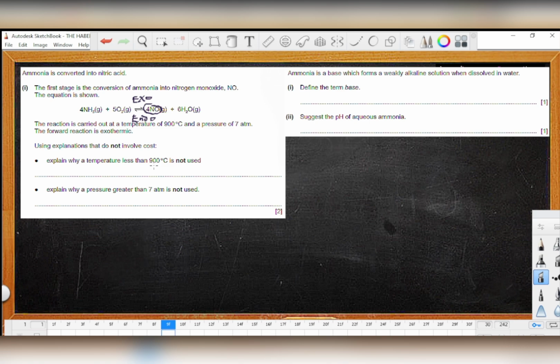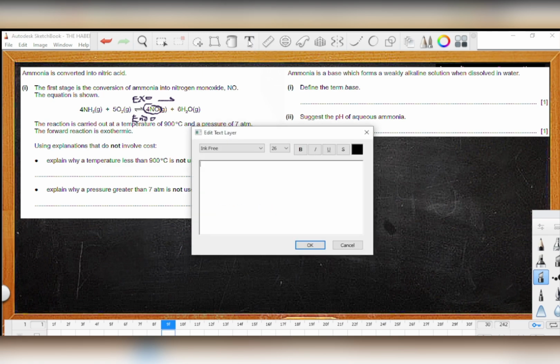Now, if we say because it's exothermic, let's use a very low temperature, let's use 2 degrees Celsius, after all 2 degrees Celsius is cold enough and it will favor the forward exothermic reaction. Why can't we use 2? If you use 2, the reaction will be too slow. So the reason is the reaction will be too slow at a temperature lower than 900 degrees Celsius. So that's the answer.